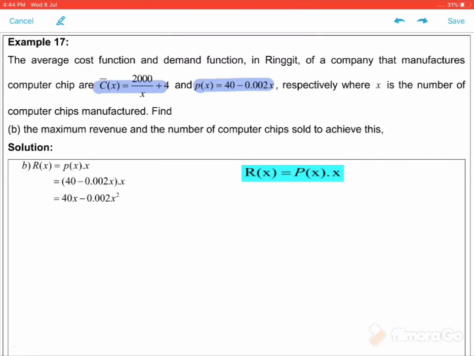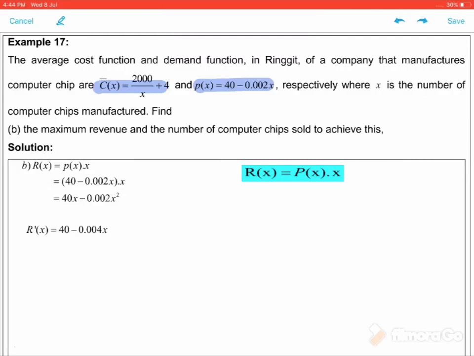That's our revenue function. In order to get the maximum revenue, we have to differentiate the revenue function. After we differentiate, you will get 40 minus 0.004x.